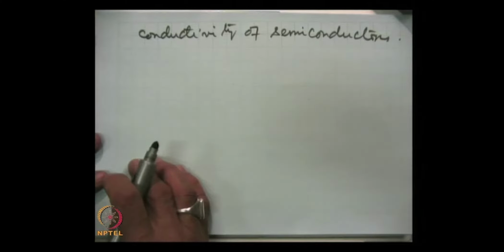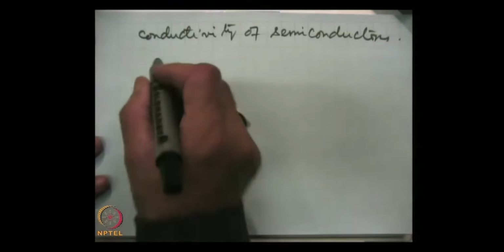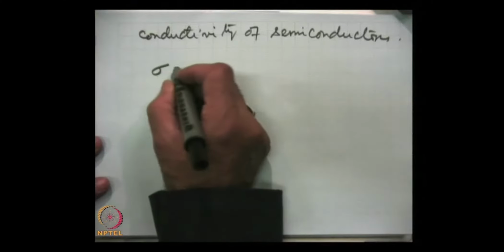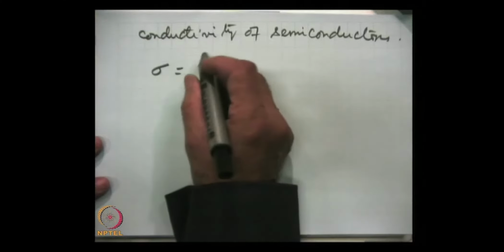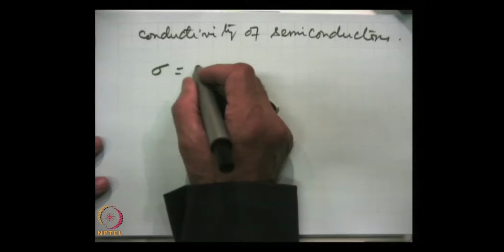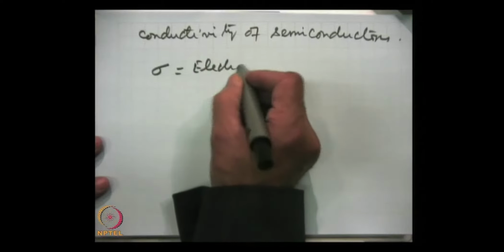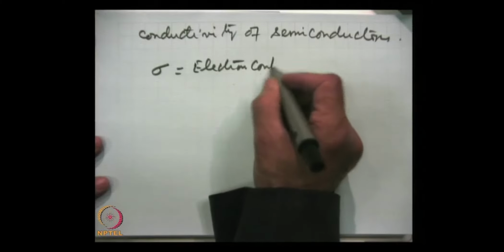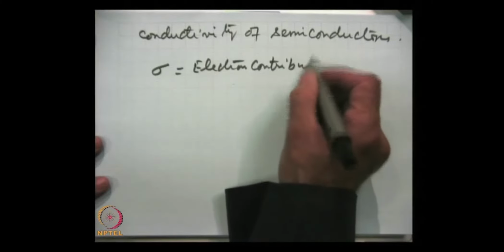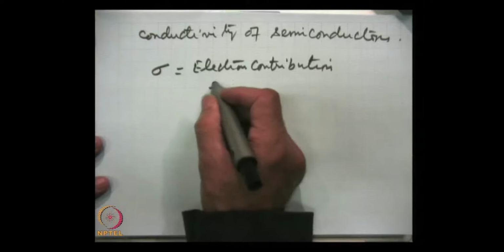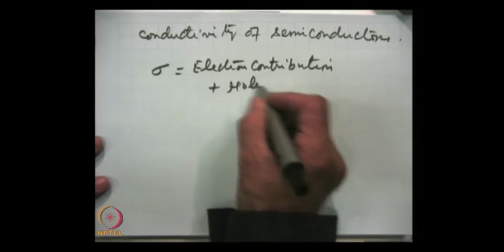Conductivity of a semiconductor in general can be written as the electron contribution plus hole contribution.